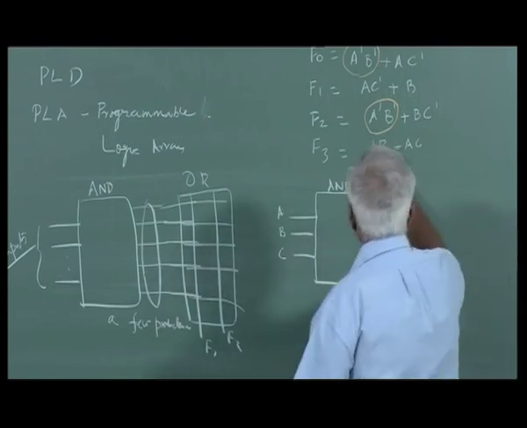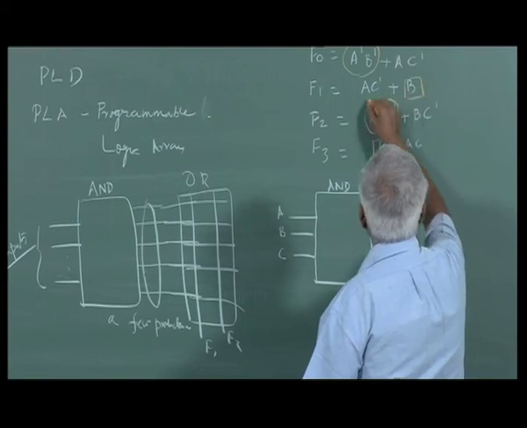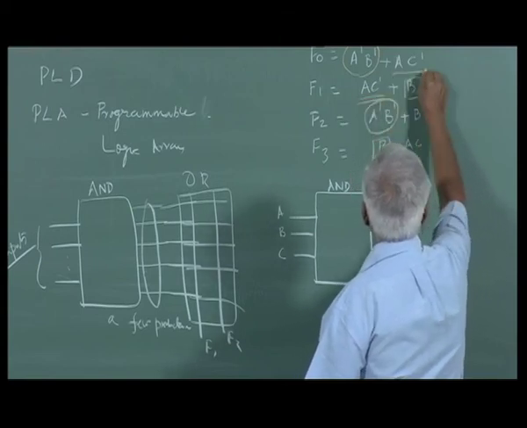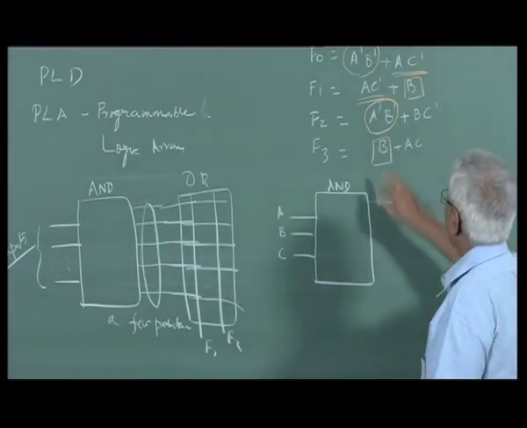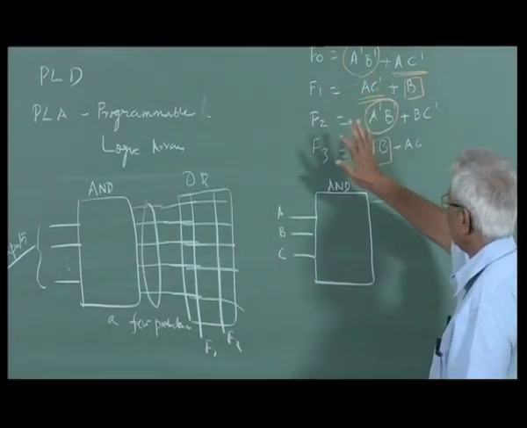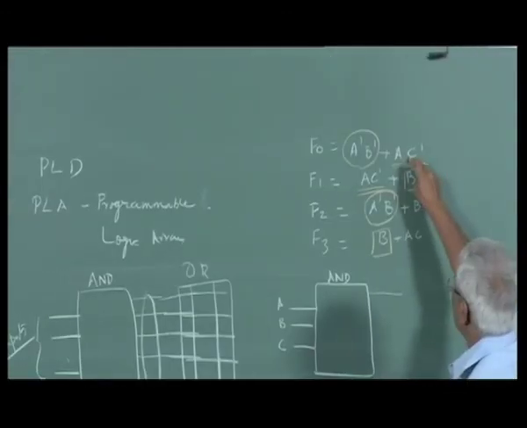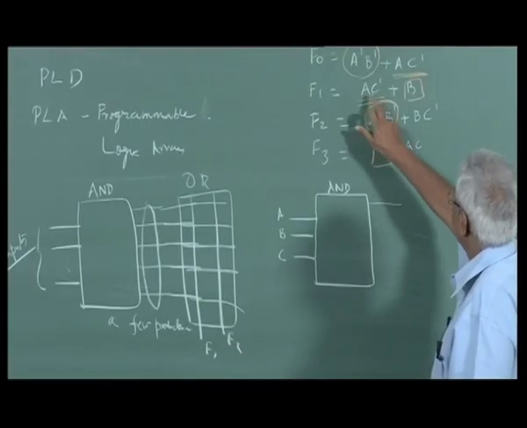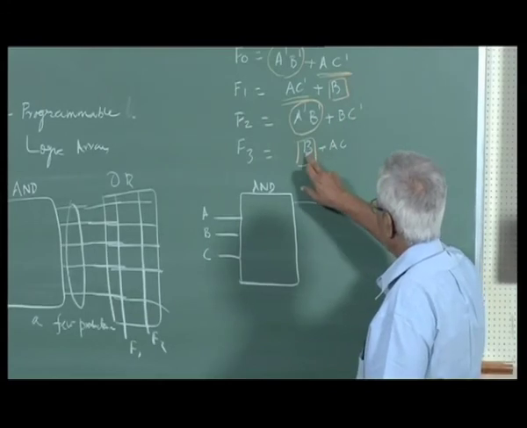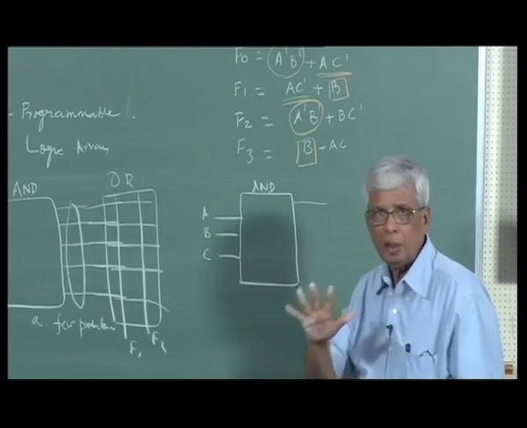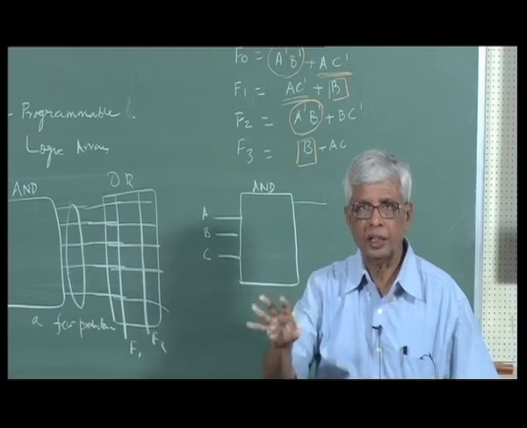B is here and here. AC is here as well as here. So how many total product terms are required for this? 1, 2, this is already taken care of, 3, this is already taken care of, 4, this is already taken care of, 5. I need only 5 product terms in order to get all my functions f0, f1, f2, f3.